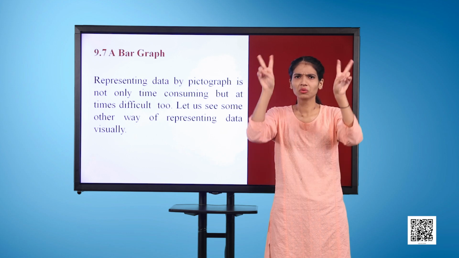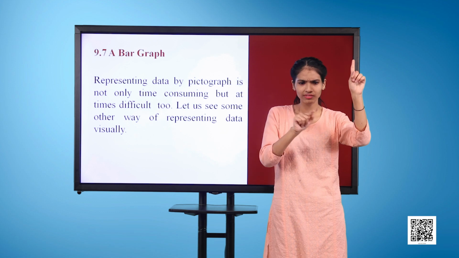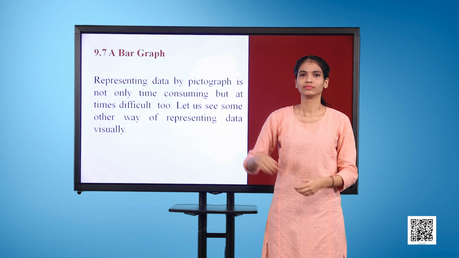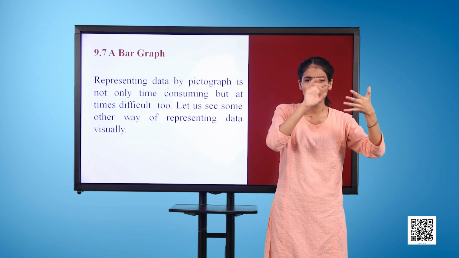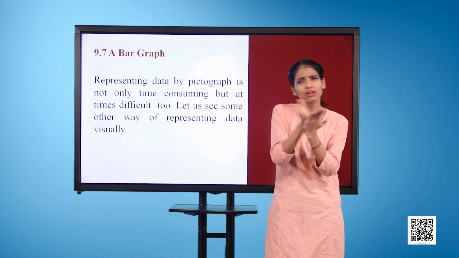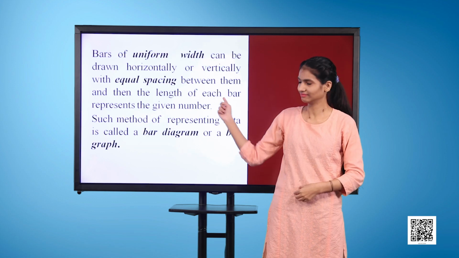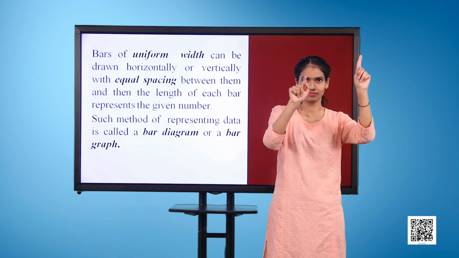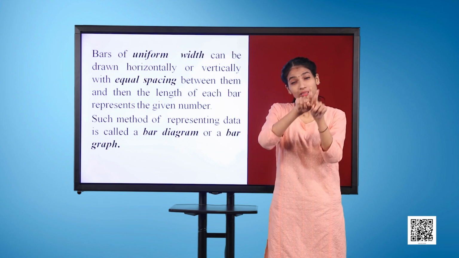9.7 A bar graph. Representing data by pictograph is not only time-consuming but at times difficult too. Let us see some other way of representing data visually. Bars of uniform width can be drawn horizontally or vertically with equal spacing between them.